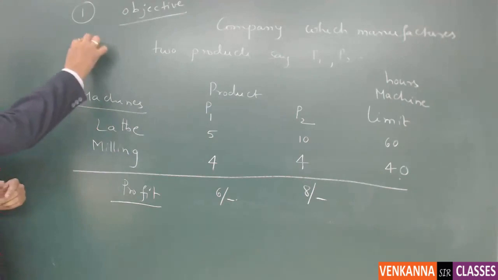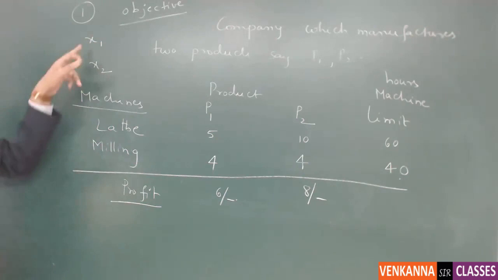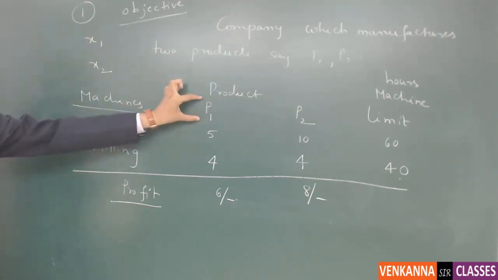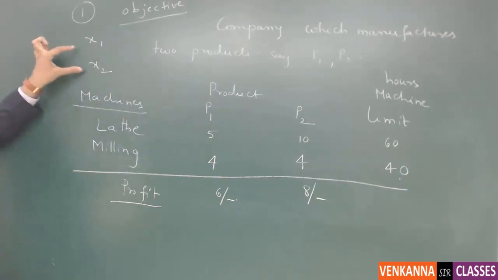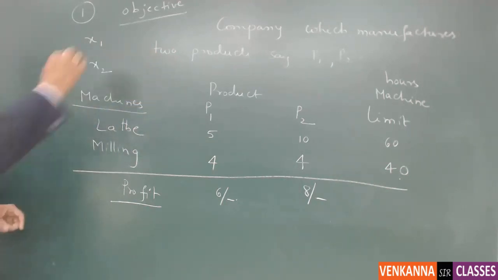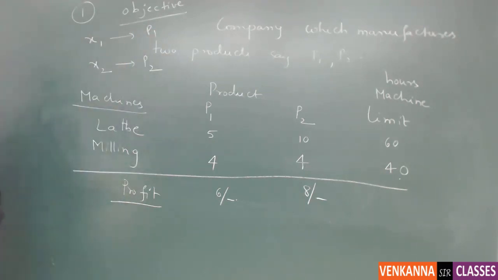So I will take two variables x1 and x2 such that x1 is meant for the number of units of product P1 and x2 is meant for the number of units of product P2 to be manufactured. Accepted all? Yes or no? Because at each step I want to take the confirmation from your side so that I can better understand in what way I am going.